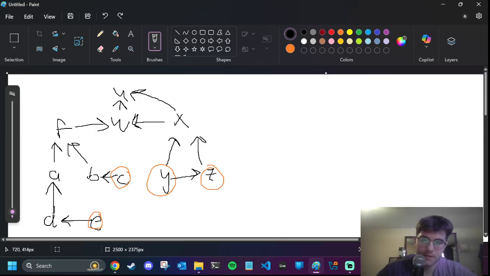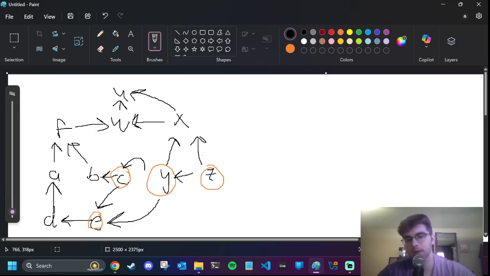I think if it's possible, it has to have at least one. Because if it doesn't have at least one with an in degree of 0, like this is all fine, but one of them has to have at least an in degree of 0, or else there'd be a cycle somewhere.